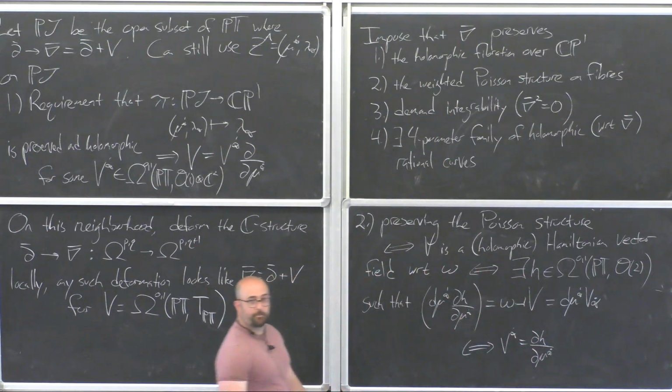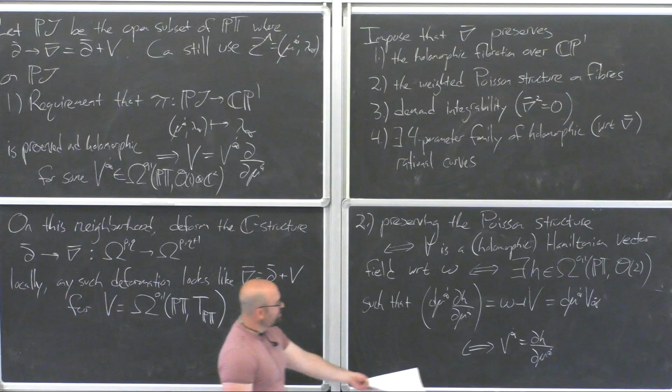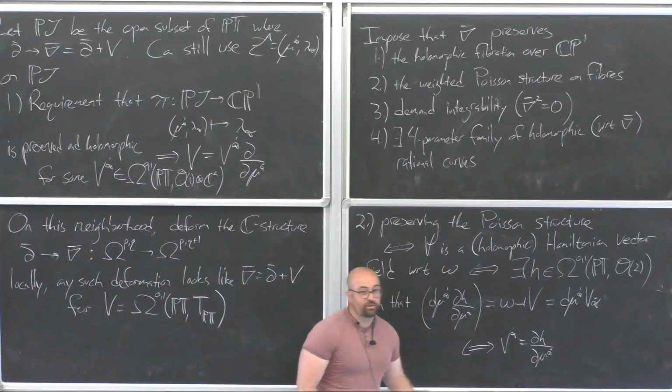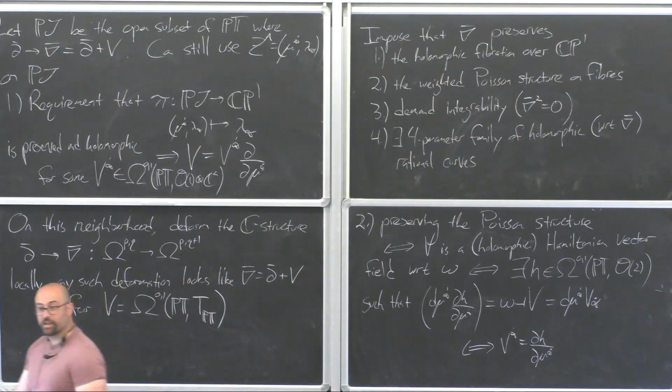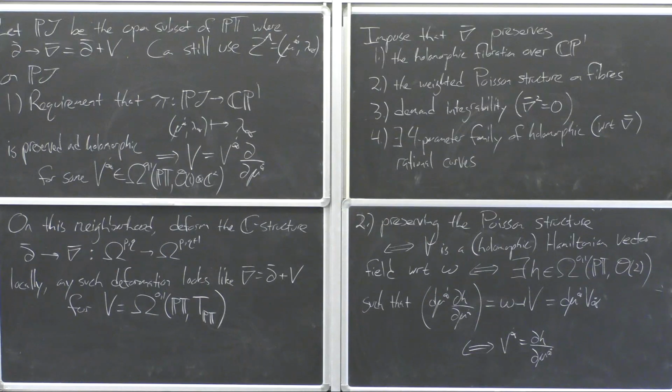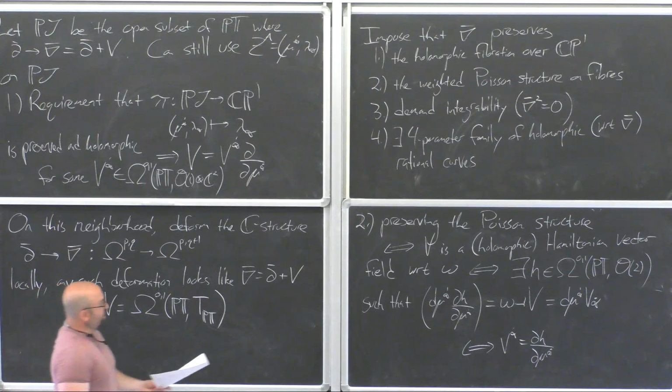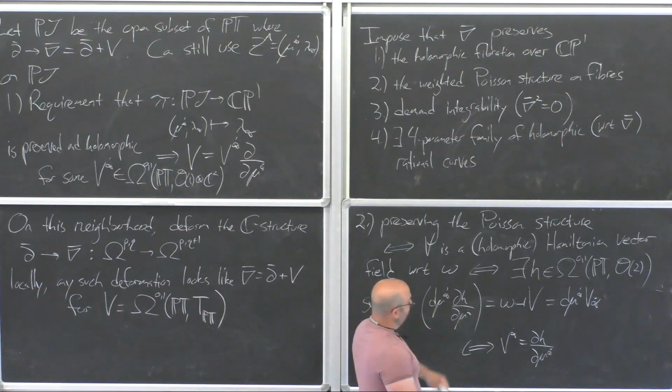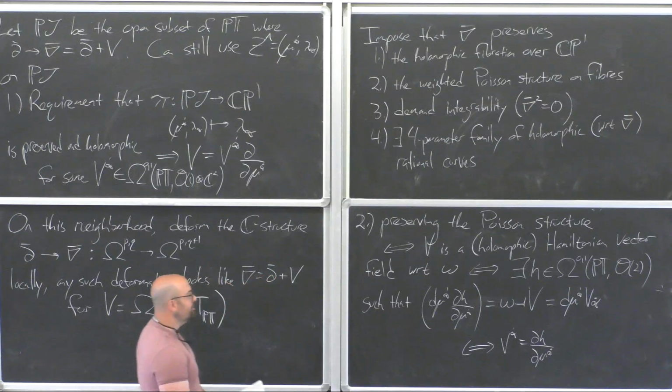Okay, so this is just the statement that V alpha dot defines a Hamiltonian vector field with respect to the weighted symplectic structure that defines this Poisson structure on the fibers, okay?